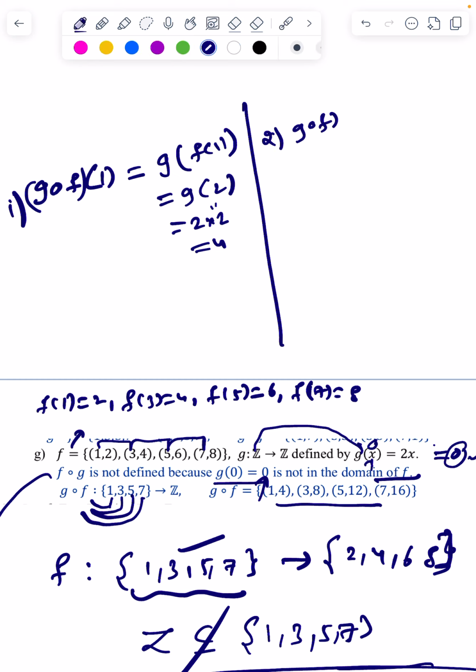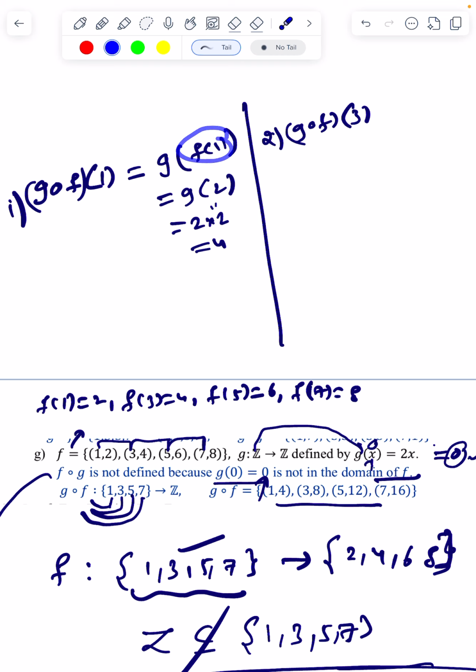Second one, g circle f, second domain element 3. If we have to find the composite function for a limited set, compulsorily for each element you apply the ordered pair format. You check the corresponding image values of f and take them in place of f.